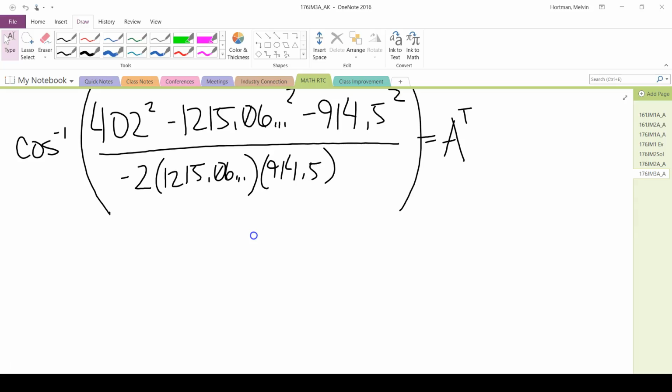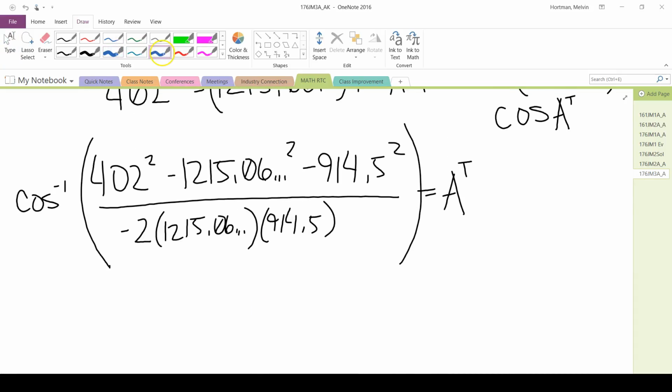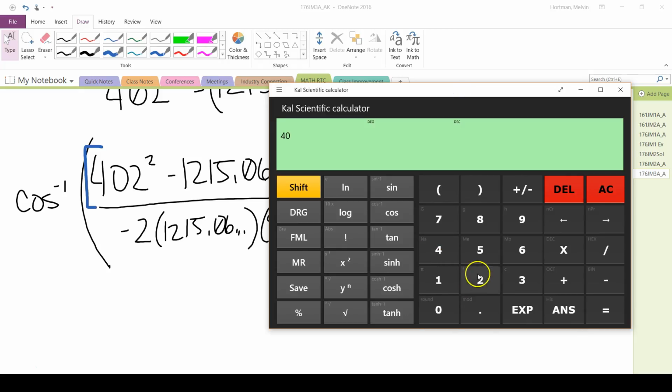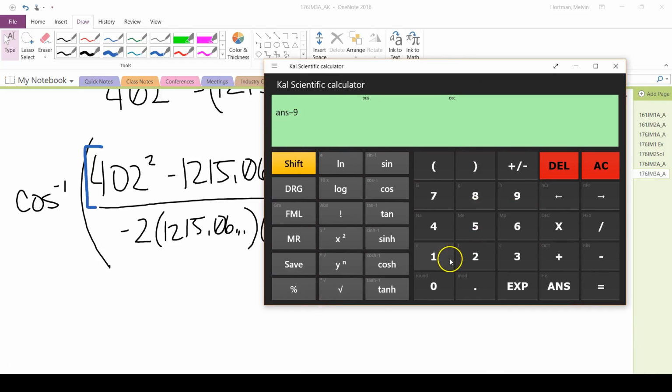So we have 402 squared minus 1215.06 squared, and I'll do the 914.5 squared right now.